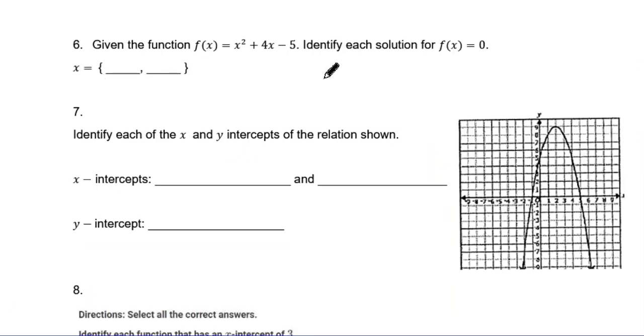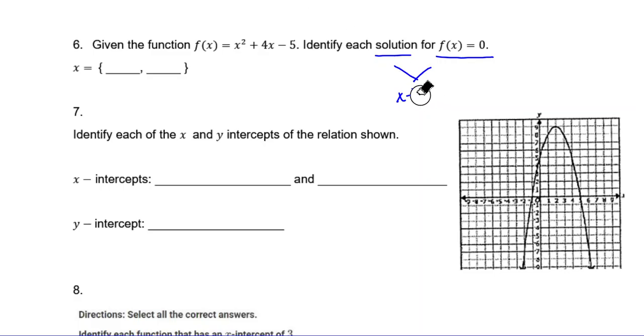Given the function, identify each solution for f of x equals 0. The word solution and f of x equals 0 are both talking about the same thing: only the x-intercepts.